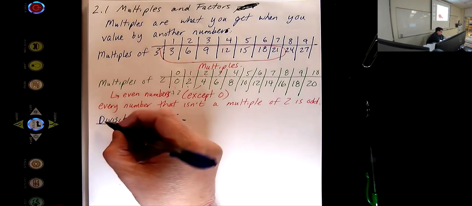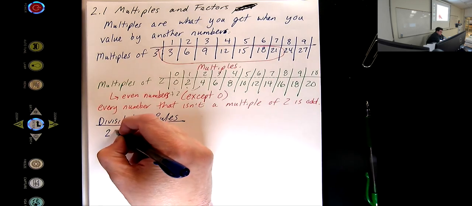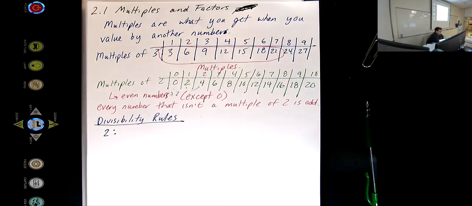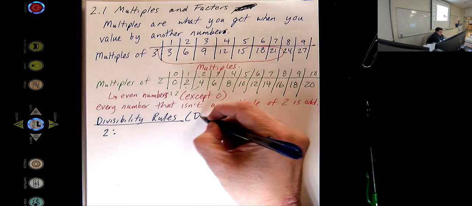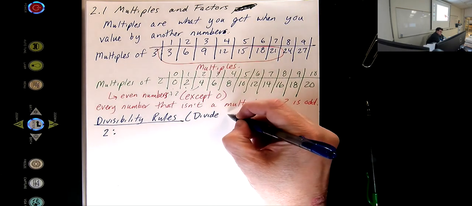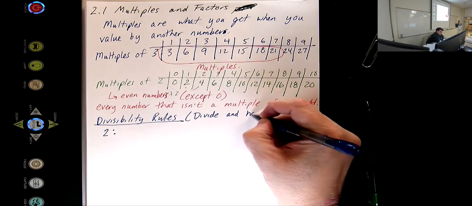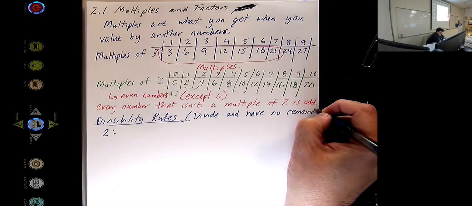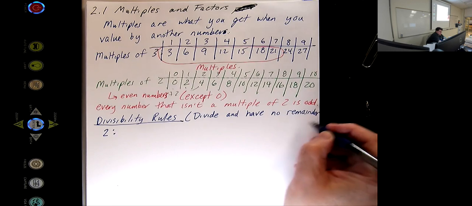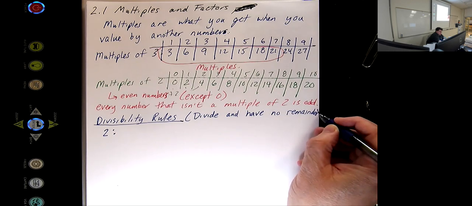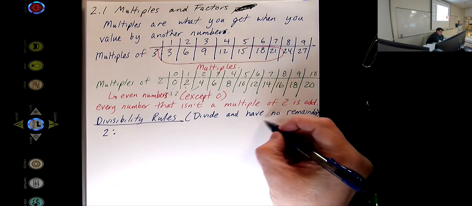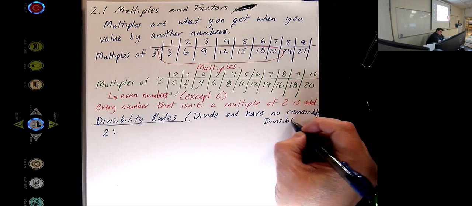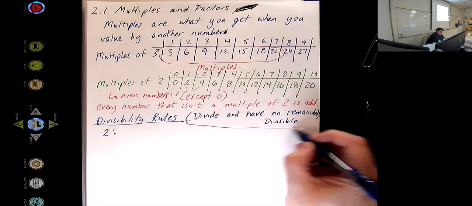So if a number is divisible by 2, which means I can divide and have no remainder, that's what divisible means. You can divide by it and have no remainder.